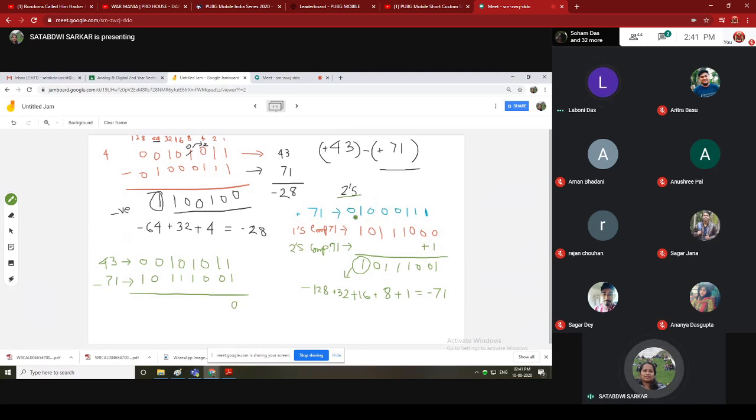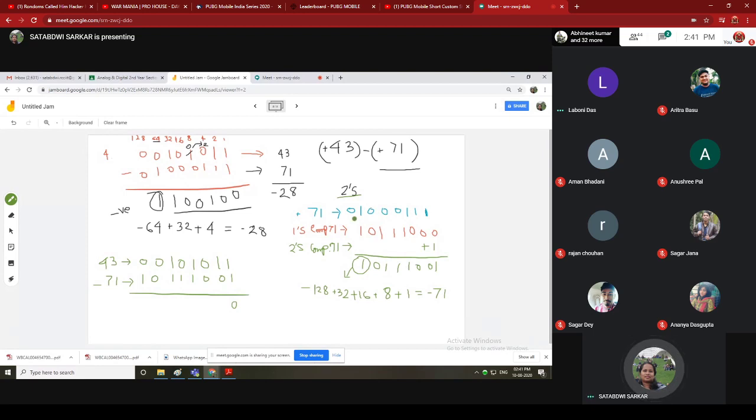See, it is 71. So when we represent 71 in 1's complement form, we have to just change the value of those bit positions. That is, if the bit position is 1, we have to put 0. If it is 0, then we have to put 1.